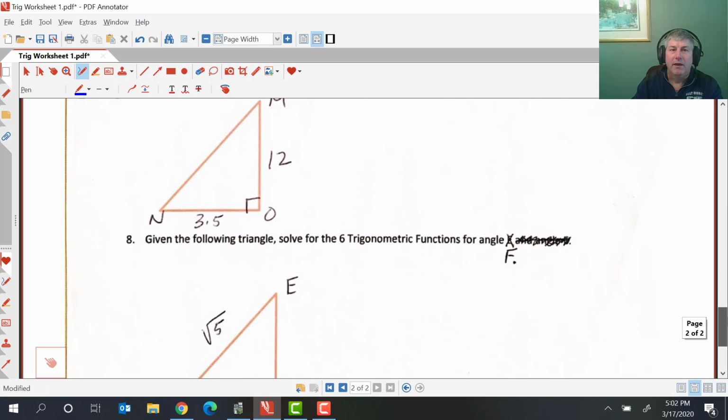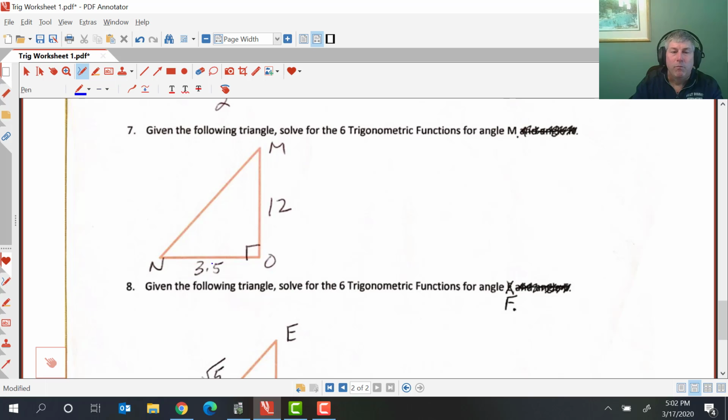Okay, and then for 7, that's 3.5 and 12. I really don't like the fraction of 3.5, that's really 7 halves, and 12 is the equivalent of 24 halves. So this is a 7, 24, 25.